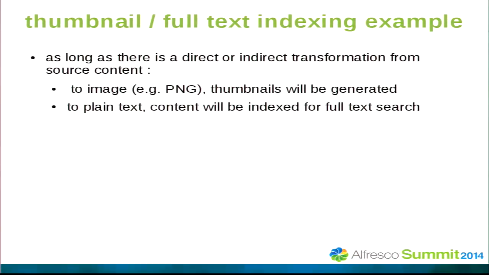Thumbnailing requires that we can transform the source content, whatever it is, into an image. And full text indexing basically means, without going into details, that we need to get the source content, convert that into text, and then do some work on that text so that the indexer can index it.